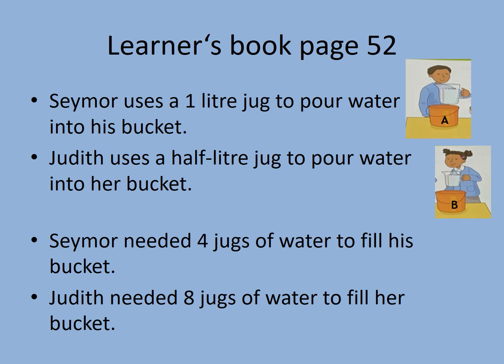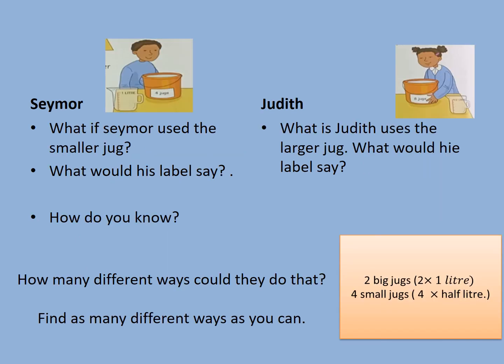Simo needed 4 jugs of water to fill his bucket, and Judith needed 8 jugs of water to fill her bucket. Okay, so we have some questions to answer below about Simo and Judith.